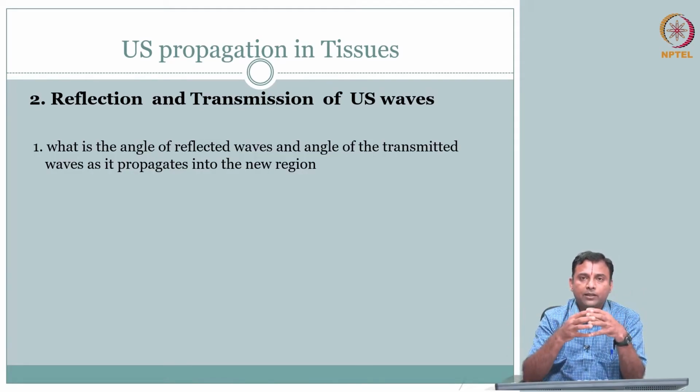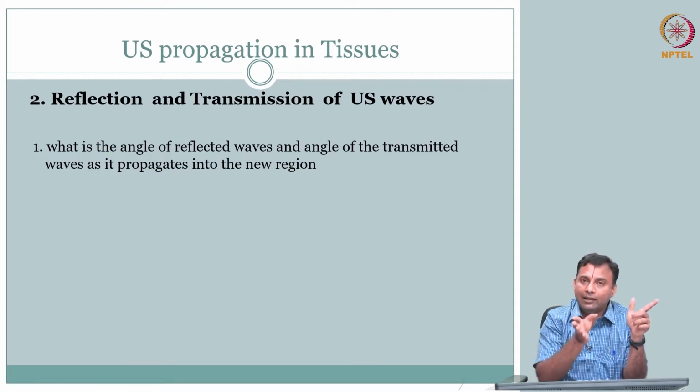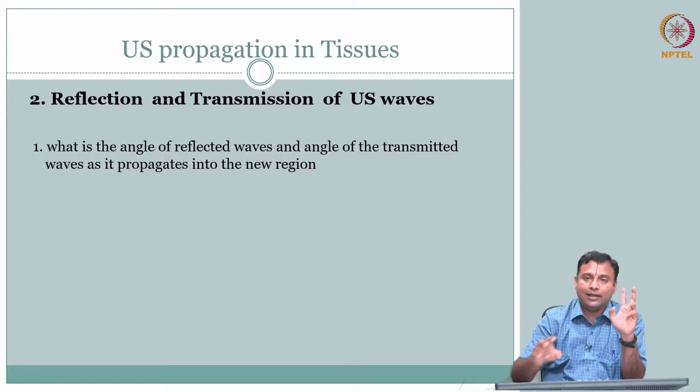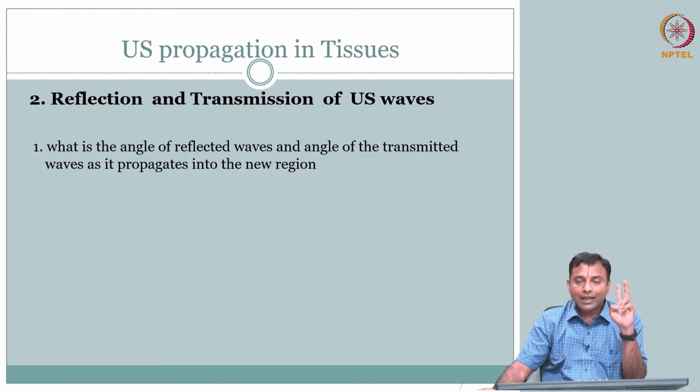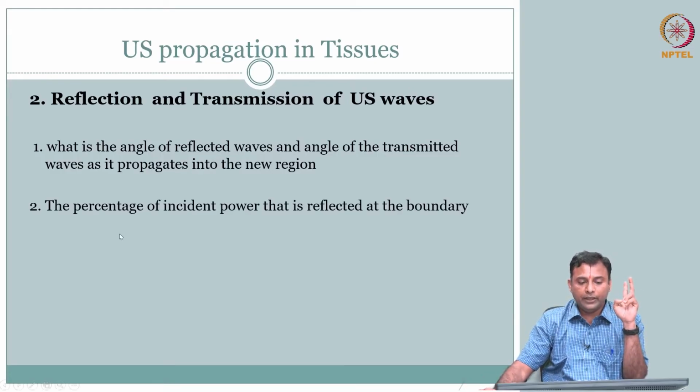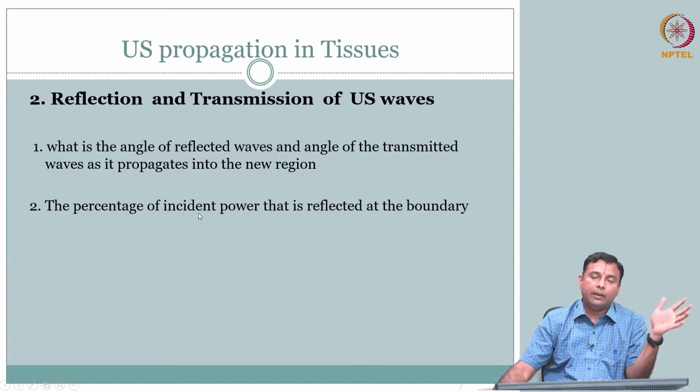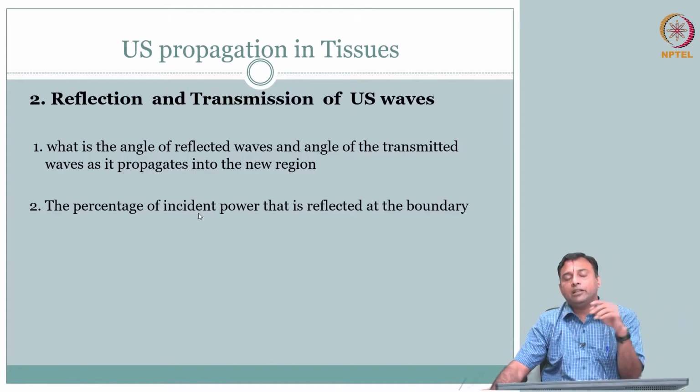Where is it going to come, at what angle, and at what angle is it going to go further, that is another aspect. So there are two details that we need to know: the angle of the reflected and transmitted waves, and the percentage of the incident power that is reflected back into the same medium and the percentage of power that is going forward.